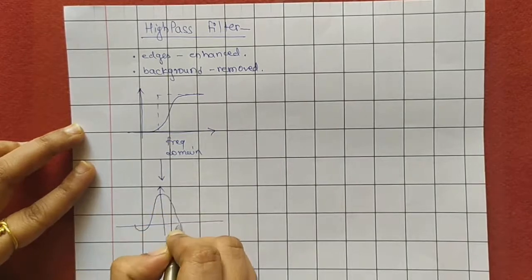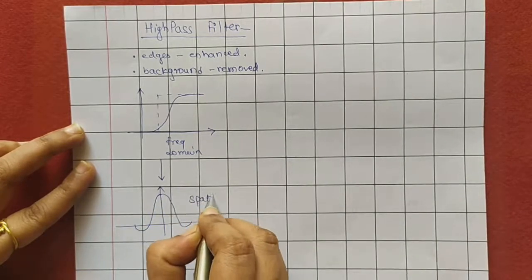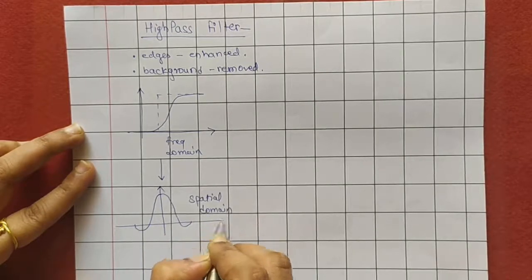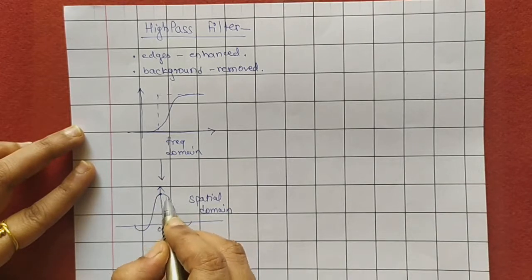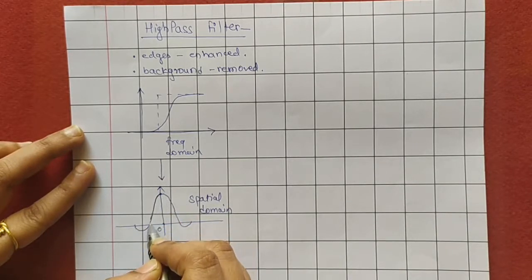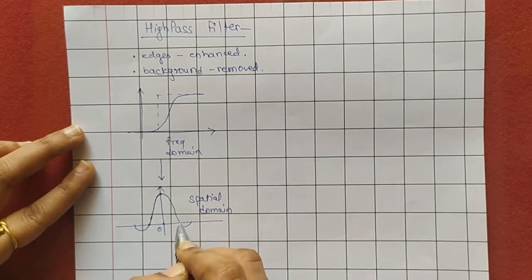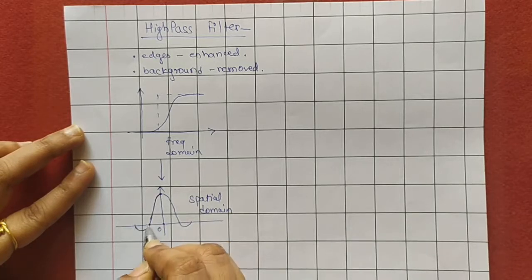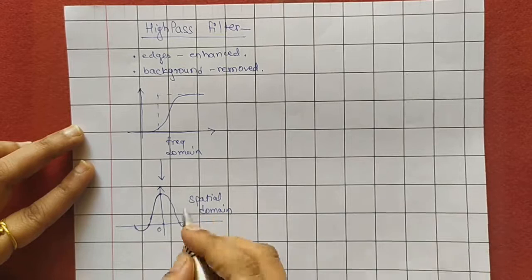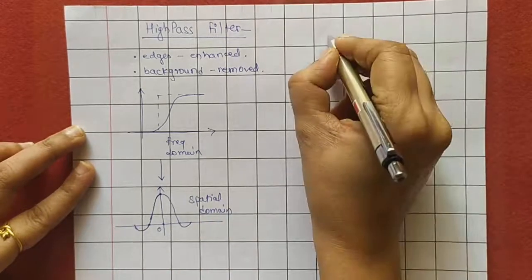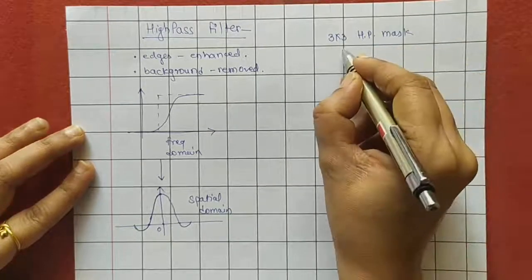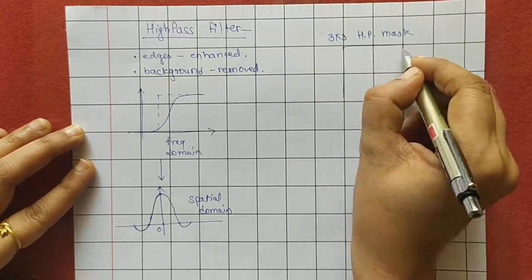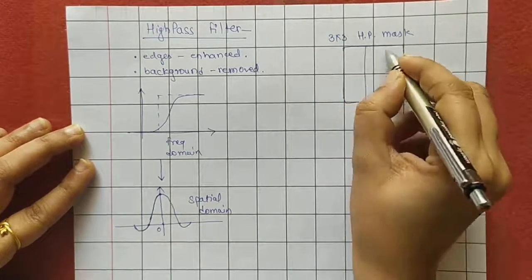Here the curve is like this in the spatial domain. If we observe at the center, the maximum value is there, and as we go away from the center, this curve goes on decreasing, and at this point it crosses this reference line and goes towards the negative direction, and based on this a 3x3 high pass filtering mask can be defined, and that 3x3 high pass filtering mask is like this.